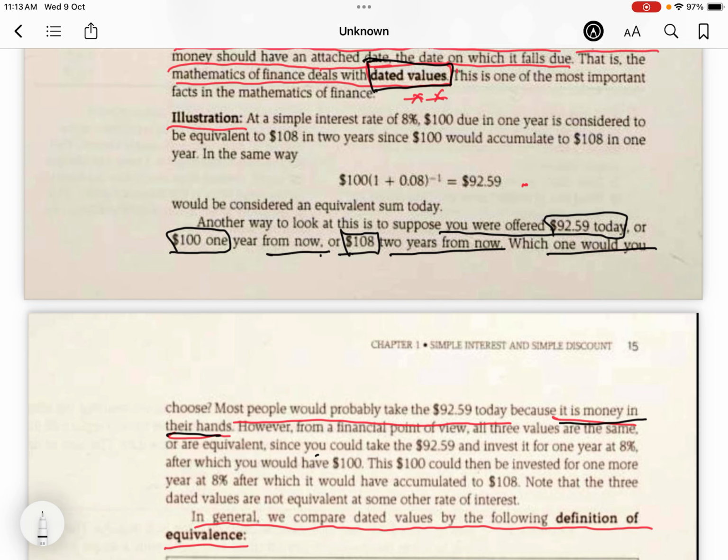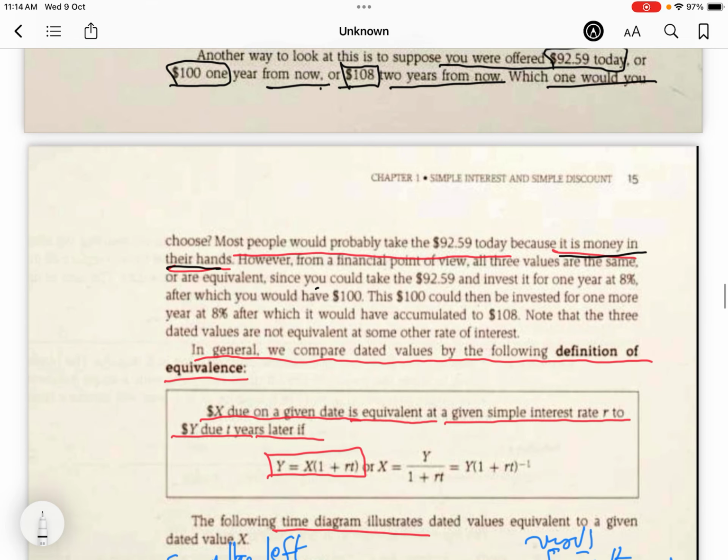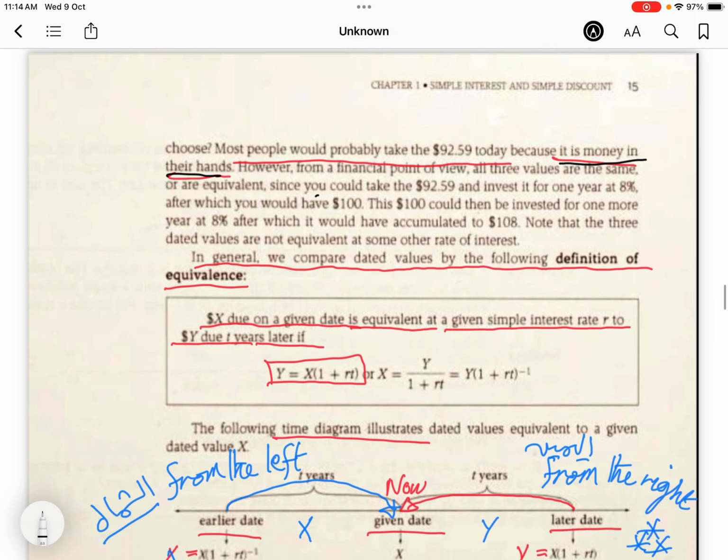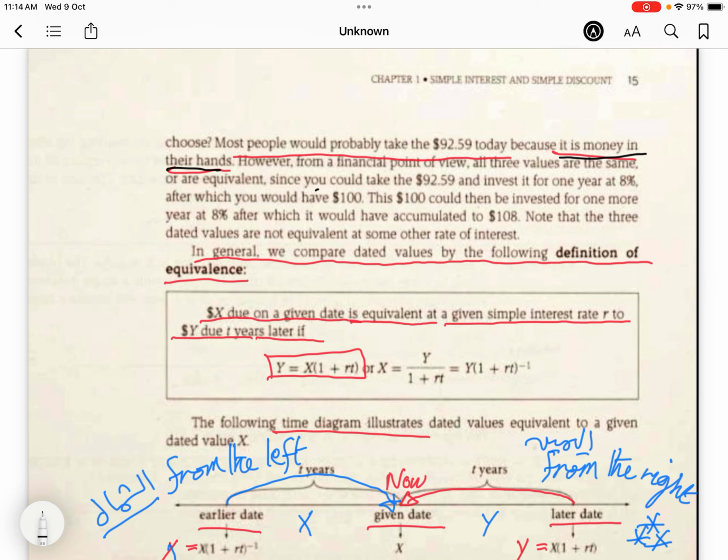Note that the three dated values are not equivalent at some other rate of interest. In general, we compare dated values by the following definition of equivalence. Let's see this definition and we will stop this video and continue in the next video.